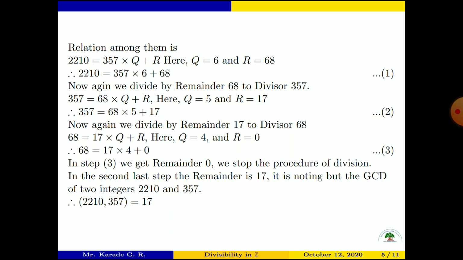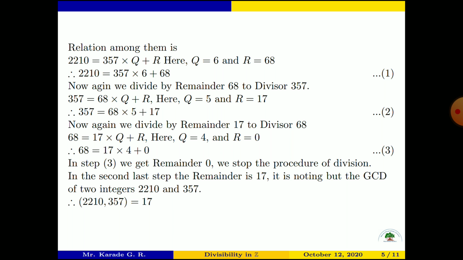In step 3 we get remainder 0. We stop the procedure of division. In the second last step, the remainder is 17 and it is nothing but the GCD of the two integers 2210 and 357.